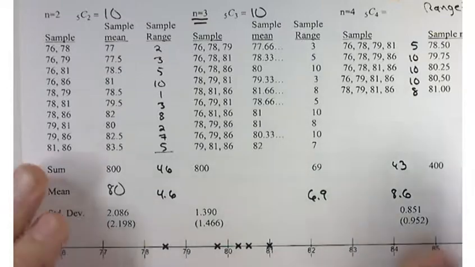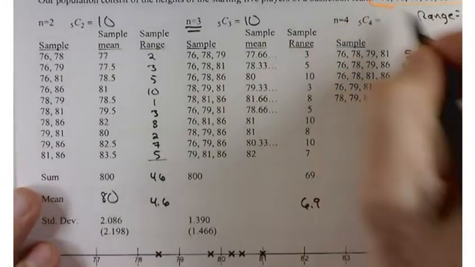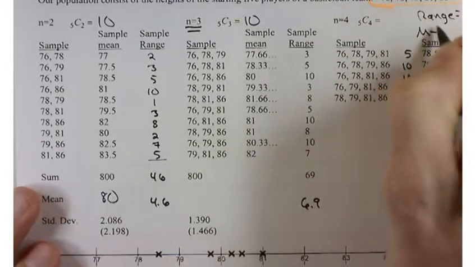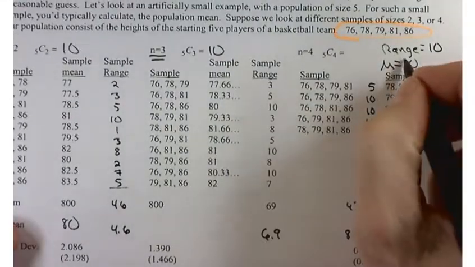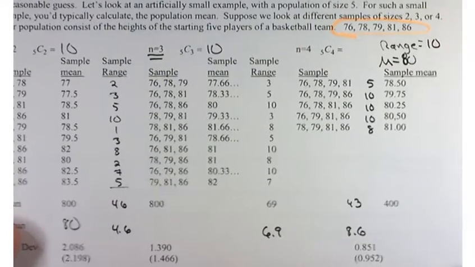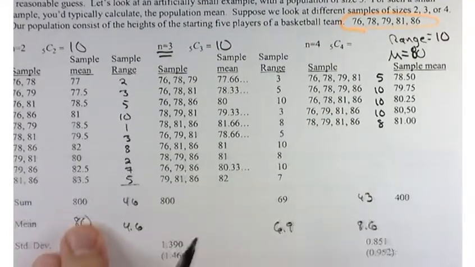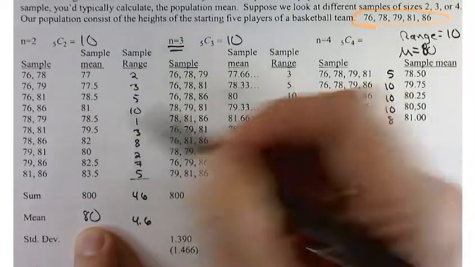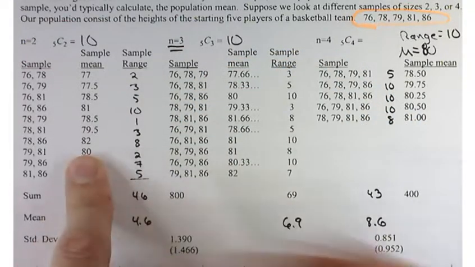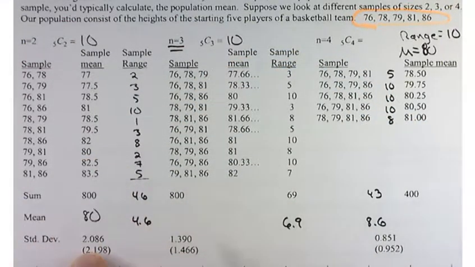And now by coincidence, if you actually calculated the population mean here, so for that I'll use mu, the population mean is also 80. So that's nice. At least what this is saying is that on average, the sample mean, now sometimes it's higher, sometimes it's lower, and in one case we got it right on, but on average, at least this equals the population mean. So sometimes you're higher, sometimes you're lower, but overall, on average, you'll be right on.